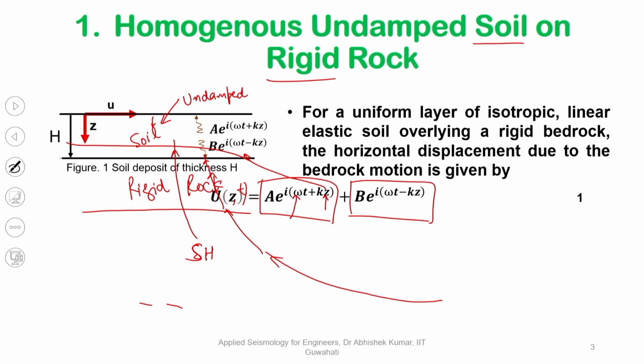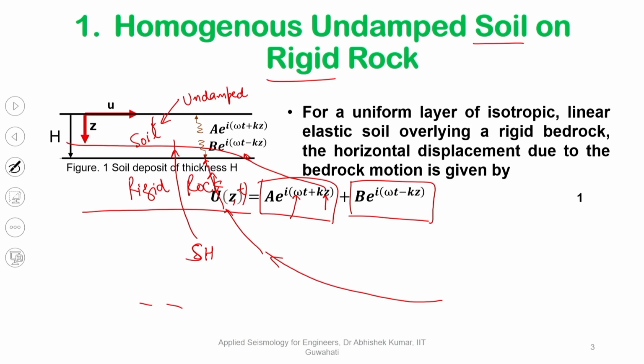So, this particular equation u(z, t), that means the displacement in the horizontal direction varying with respect to space and time, is a function of two components. One component is coming from the vertically upward propagating wave, the second from the vertically downward propagating wave, and these two are coming because of the operating frequency of the motion as well as the stiffness of the medium.